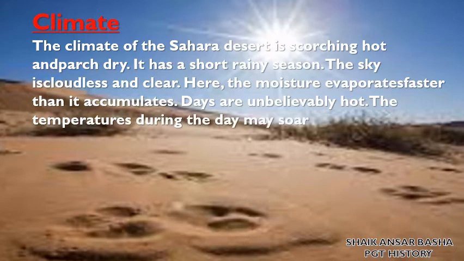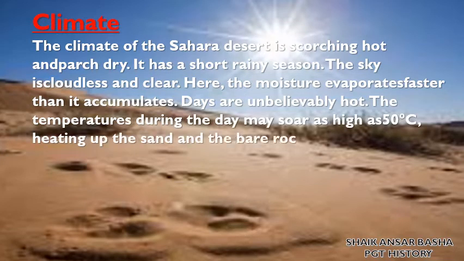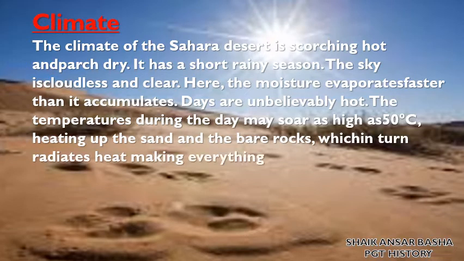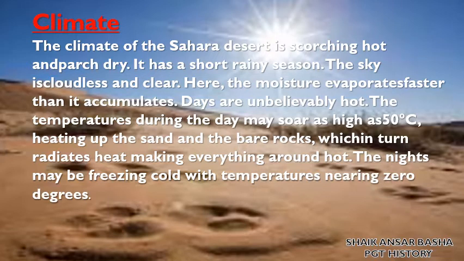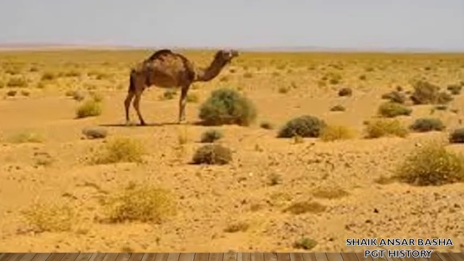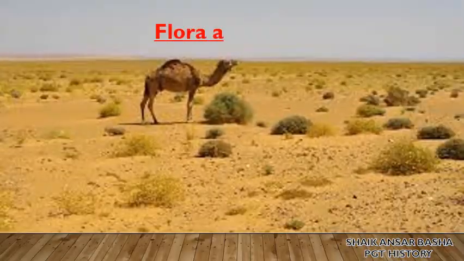The temperatures during the day may soar as high as 50 degrees Celsius, heating up the sand and the bare rocks, which in turn radiate heat, making everything around hot. The nights may be freezing cold, with temperatures nearing 0 degrees. This is the peculiar climate of the desert. This is the ship of the desert, the camel.